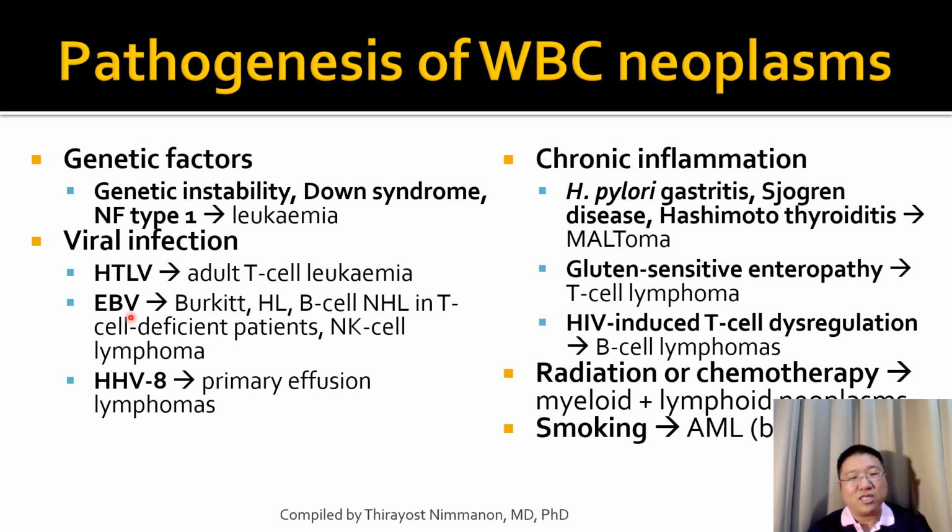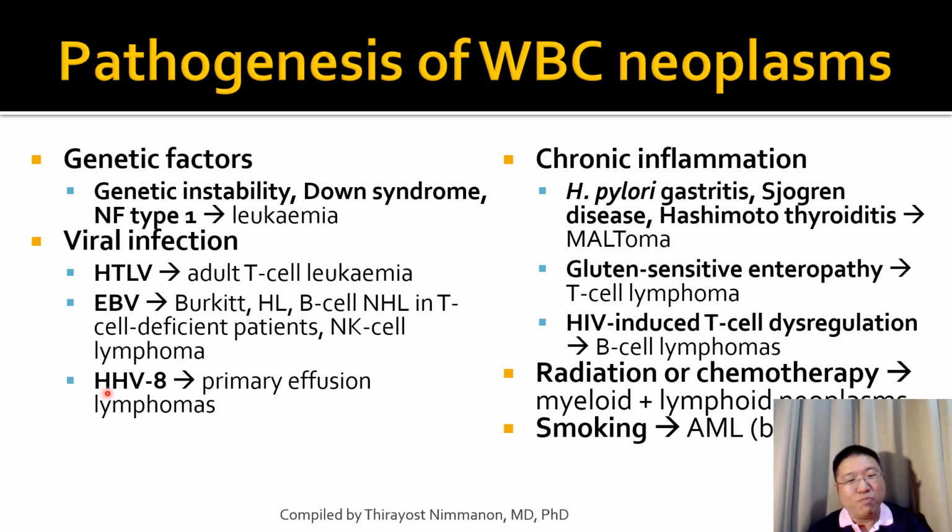EBV infection is a known cause for Burkitt lymphoma, Hodgkin lymphoma, B-cell non-Hodgkin lymphoma in T-cell deficient patients, and also NK cell lymphoma. Another cancer associated with EBV is nasopharyngeal carcinoma.